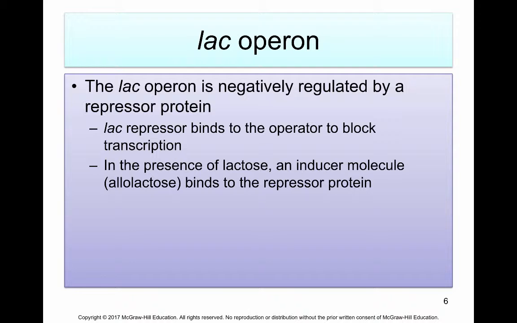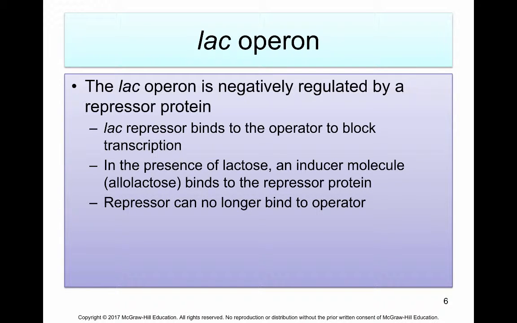But when lactose is in high amounts, the repressor, which is produced in an active state and bound to the DNA, bound to the operator, blocking transcription, changes. When we get a bunch of lactose in our cells, an inducer molecule, a very close relative to lactose, allolactose, binds to the repressor protein.